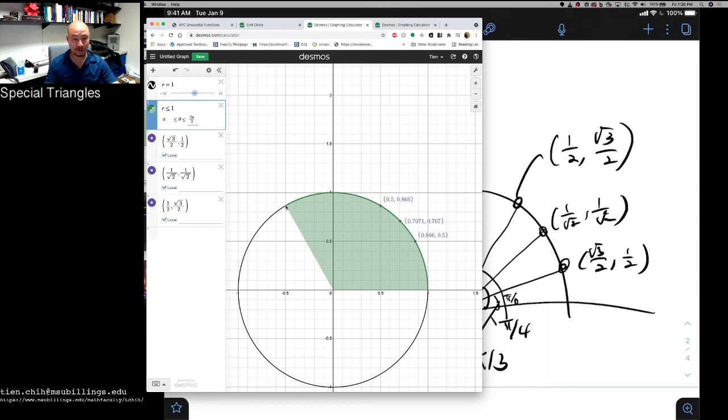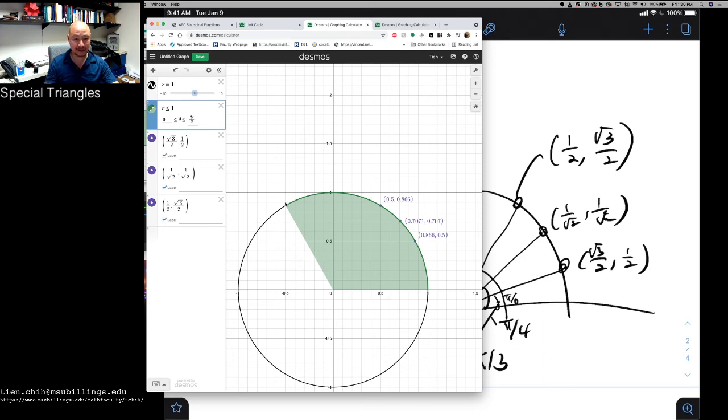If I want to know the point at 2 pi over 3, I know that this angle here is pi over 3, right? This is pi all the way around. And so this angle here has to be pi over 3 so that this adds up to pi.